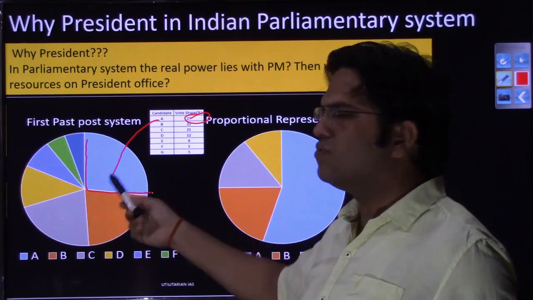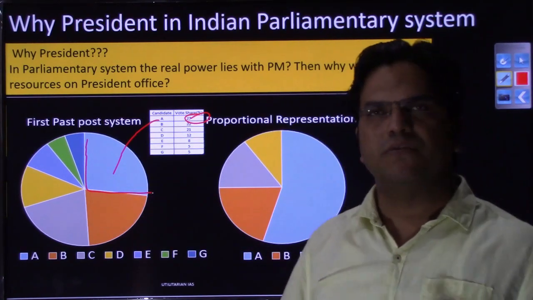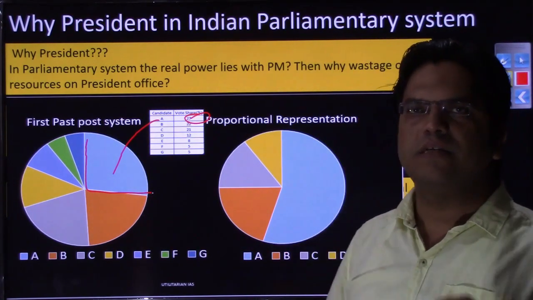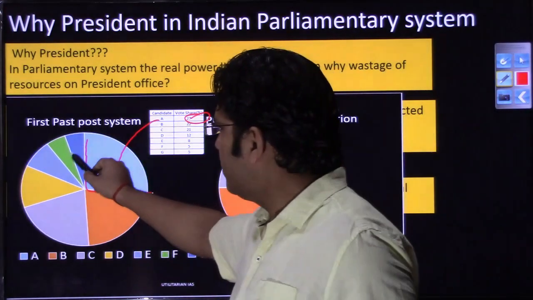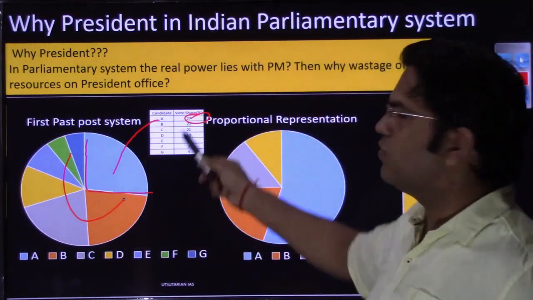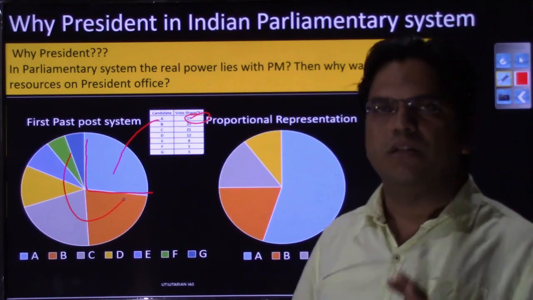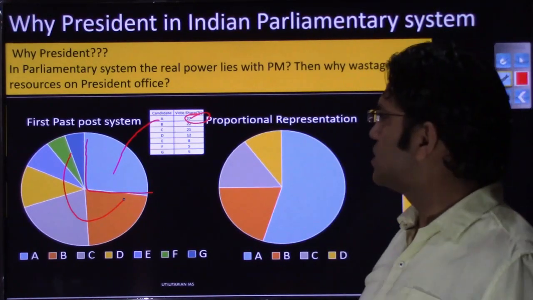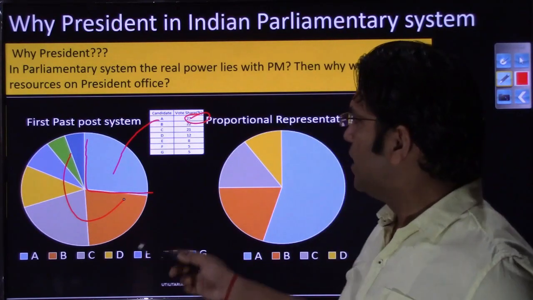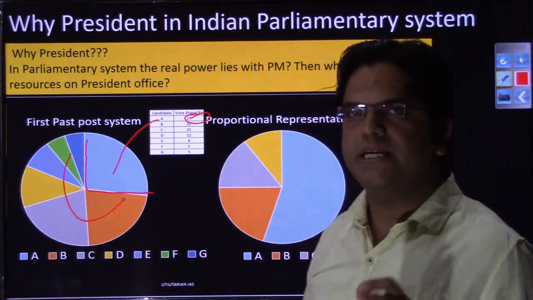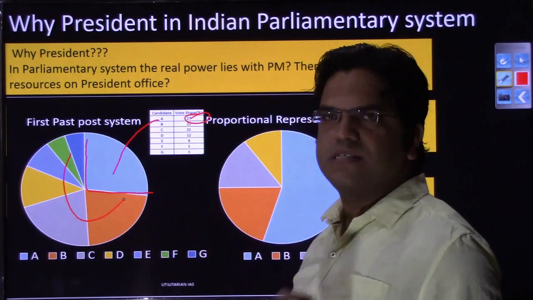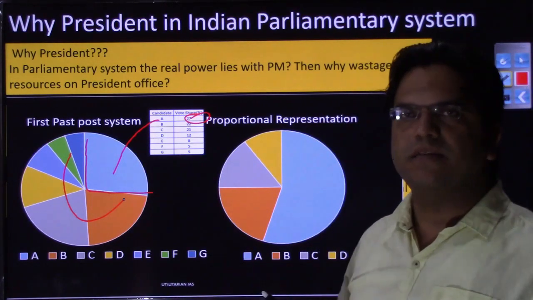Ideally, he should have secured more than 50% of the vote, then only can we consider that he is acceptable to everybody. But right now he secured just 27%, because the first past the post system that we have adopted allows a contestant to secure just the highest number of votes and be the elected representative.